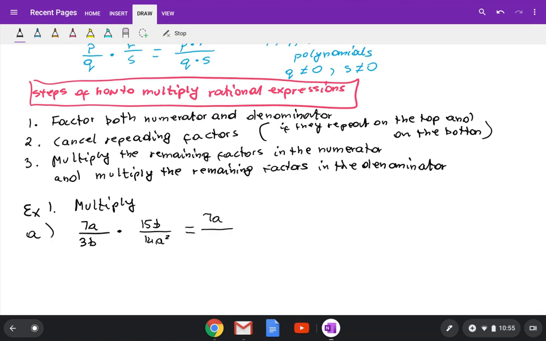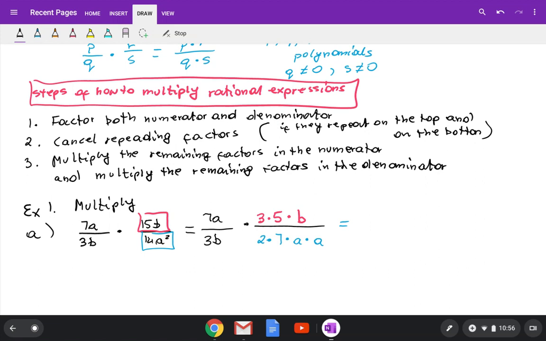Over 3b, I cannot factor this one. Times 15b, I can rewrite that as 3 times 5 times b, and 14a squared, I can rewrite that as 2 times 7, and a squared is the same as a times a.